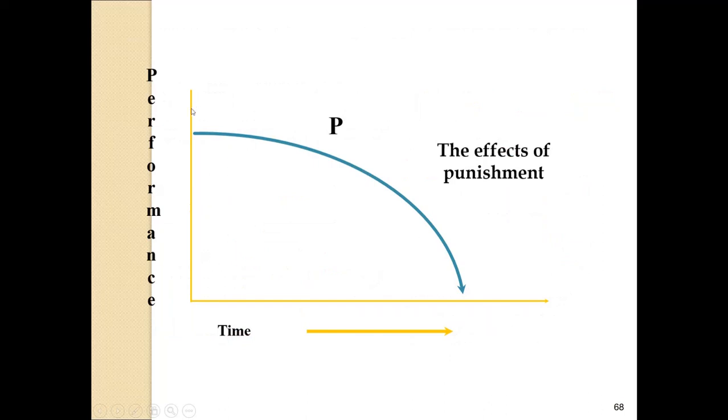This is the graph that shows the performance versus time. Okay, when the time is 0, the performance is high. So the performance will decrease as the time increases.